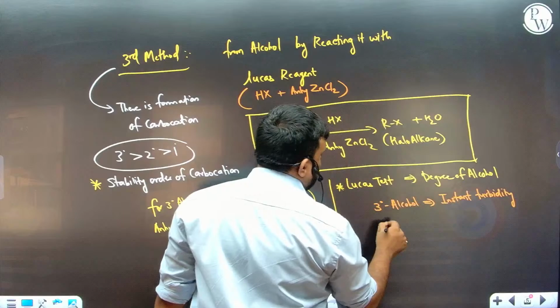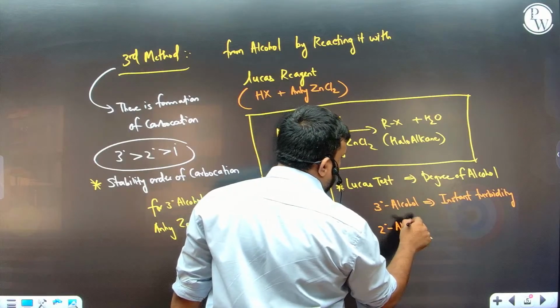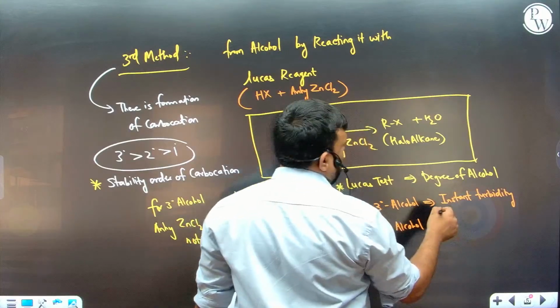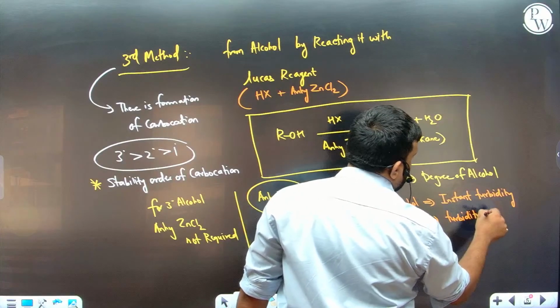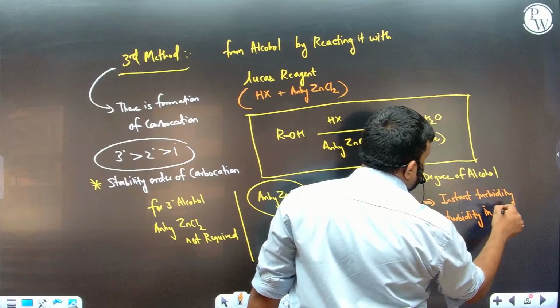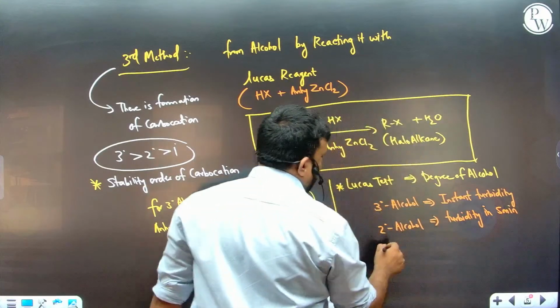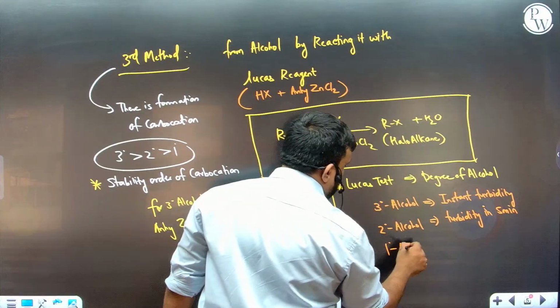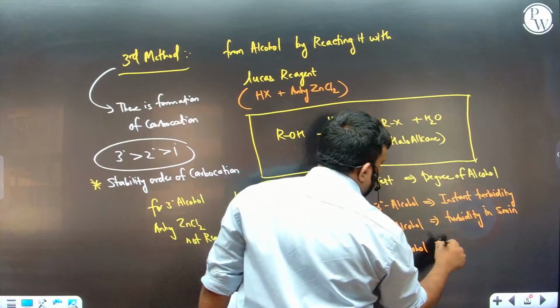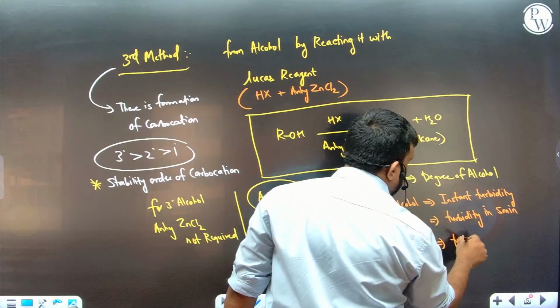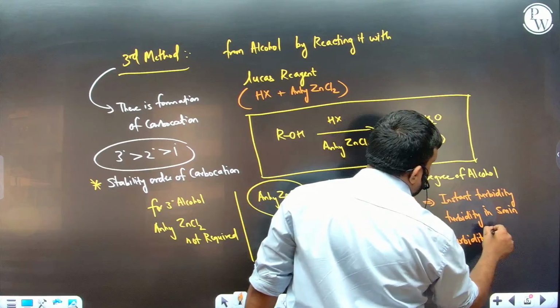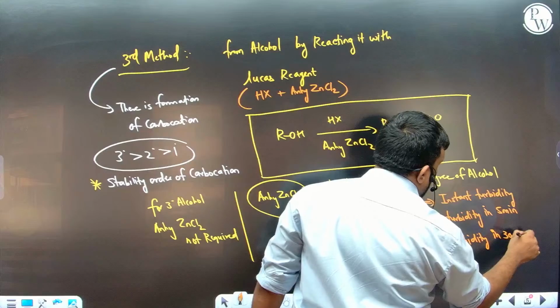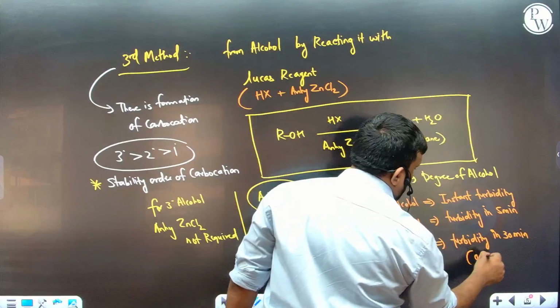In case of 2 degree alcohol, you will get turbidity, or you can say cloudiness, in 5 minutes. And in case of 1 degree alcohol, you will get turbidity or cloudiness in 30 minutes, and that too on heating.